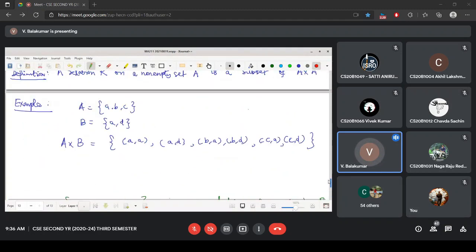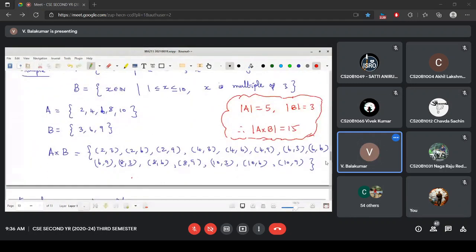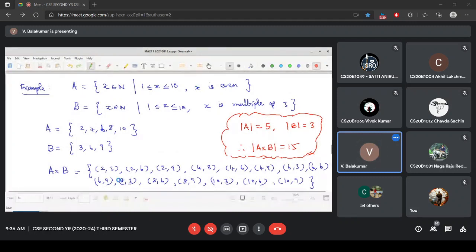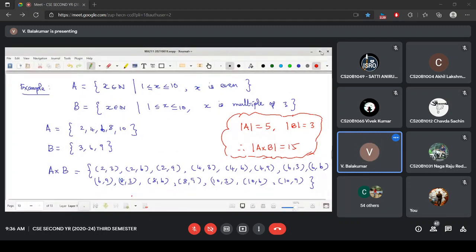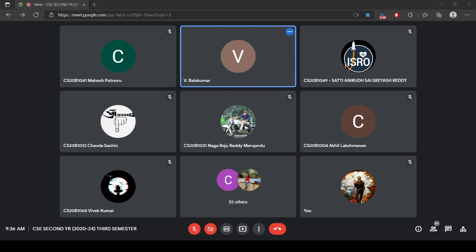Now you gave one more example. This one. Let me take this one. Please wait a second. Let me reopen things. So what did we have? We were having a Cartesian product and we are taking a subset.